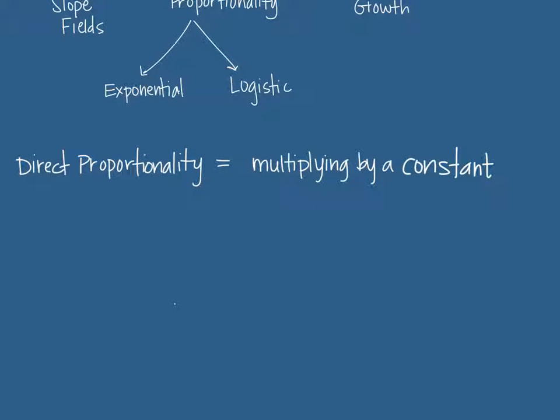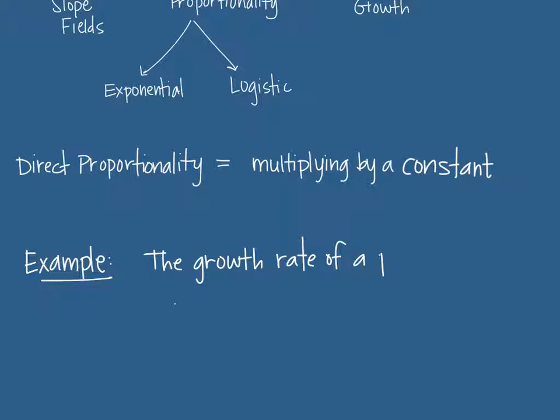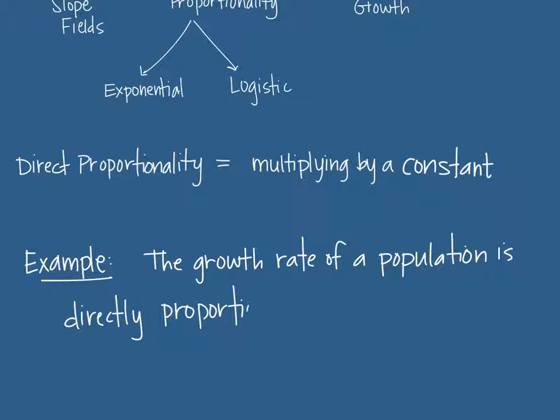How we use it in calculus is the following. Something like this. The growth rate of a population is directly proportional to the number of people present.